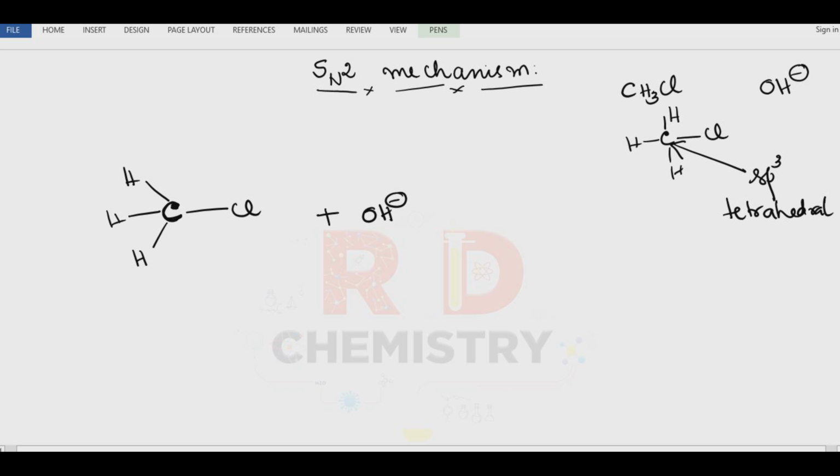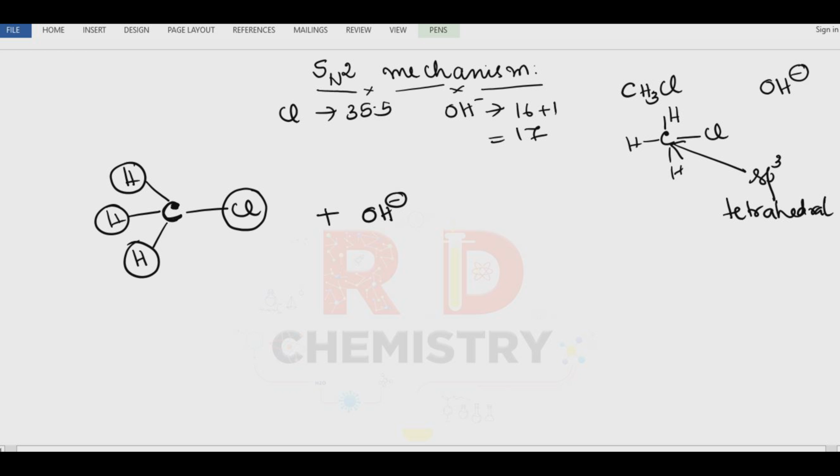Now see here. OH minus cannot attack the carbon atom from the same side as that of the chlorine atom. Why? Because chlorine, the atomic mass is 35.5. OH minus, oxygen is 16, hydrogen is 1, so 17, correct? So what will happen? This Cl is bulkier when compared to hydrogen. Hydrogen atom mass is 1, correct?